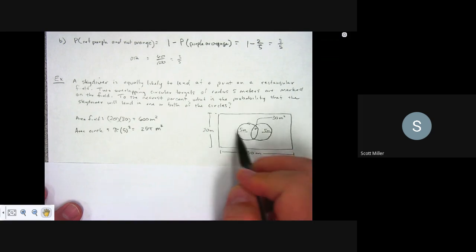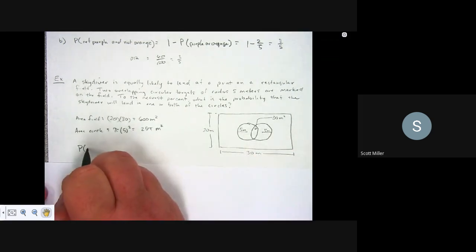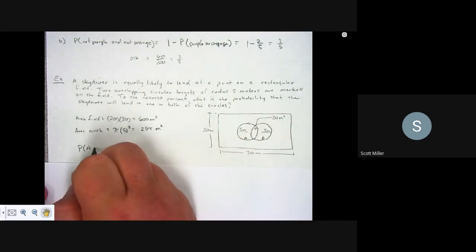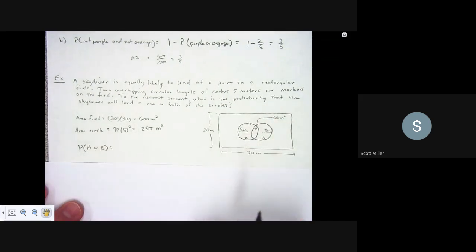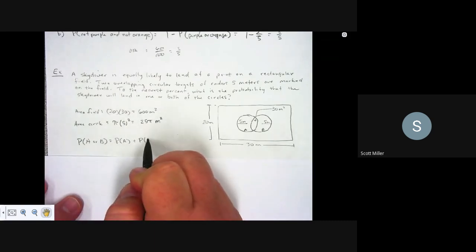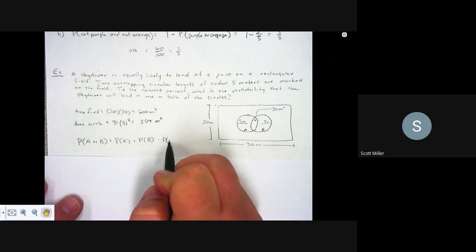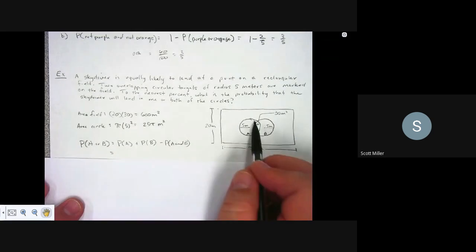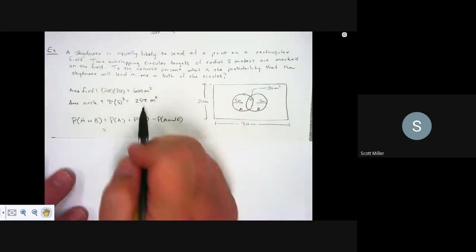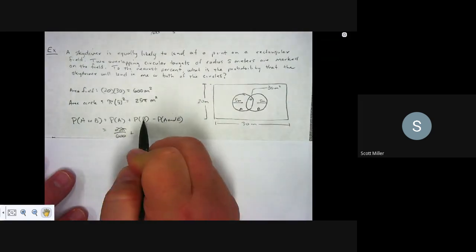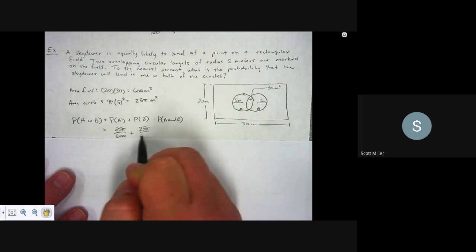So what's the probability it's going to be in A, if this is A, and this is B, then what's the probability of A or B occurring? Well, it'd be the probability that it lands in that circle, plus the probability that it lands in that circle, minus the probability of the overlap. The probability it lands in this circle is part over the total, so that'd be 25 pi over 600. And for this one, same thing, 25 pi over 600.